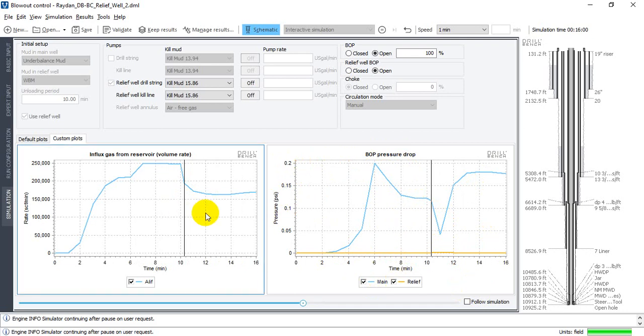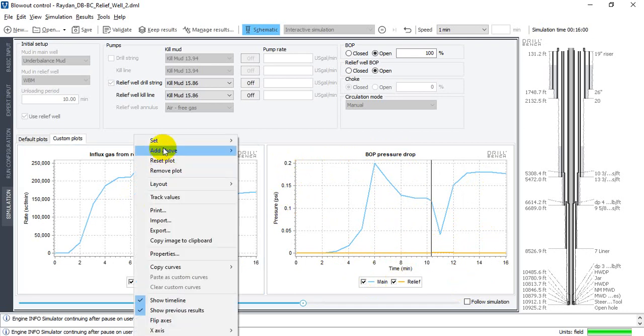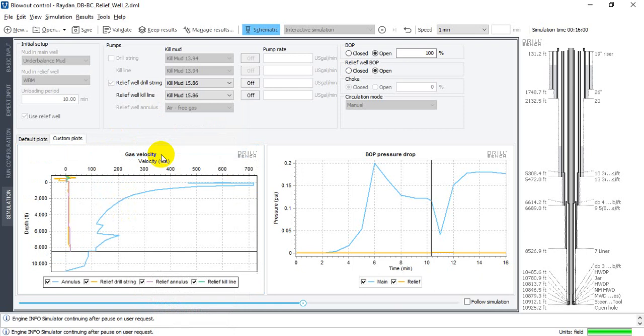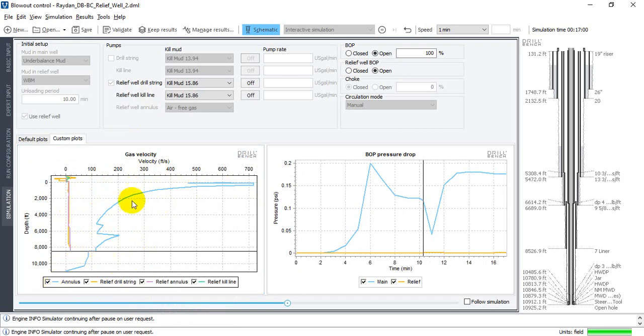We can change it here with set. When we select set, we can change this plot to another 3D profile, for example gas velocity. At the annulus in the main well, it increases with depth to 700 and decreases to 470.